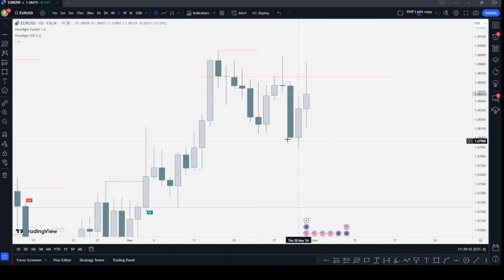That is what we have right here. Let's say you had a buy setup on this day, and you look at the price at which you got your setup. If that price is above the previous day's low and the current day's low is below the previous day's low, your bias will be bullish, right?